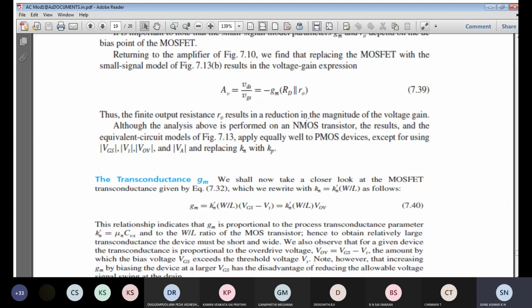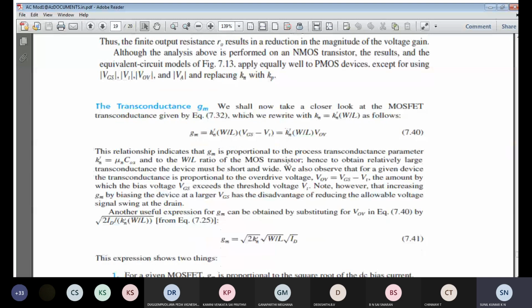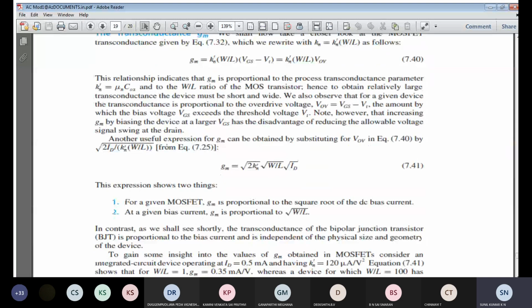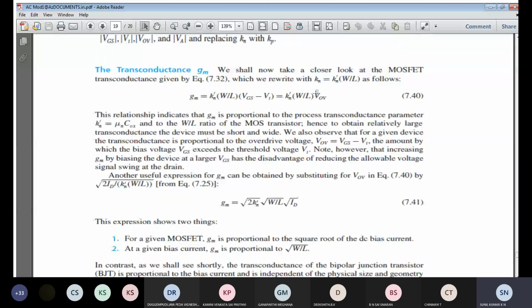So in place of VOV in this expression, we take the same expression 7.40. VOV can be written as the square root of 2 ID divided by kn dash into W by L. Here, kn dash W by L can be written as square root into square root.